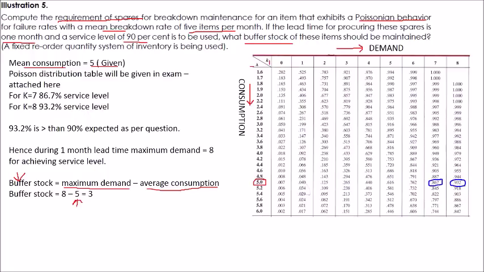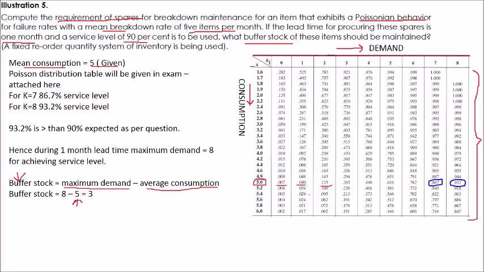So here they have given the service level as 90 percentage. So the data given here is the service level, guys. All this data is nothing but the service level. So here, when the mean consumption is 5, you can see 0.007, 0.04, 0.125, and so on. When all these are converted into percentages, that is the service level.